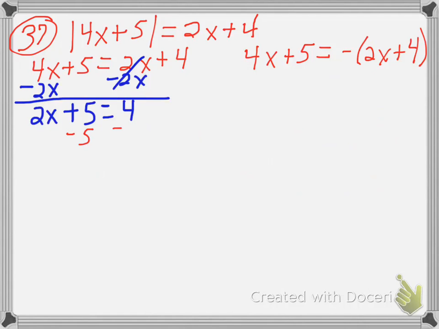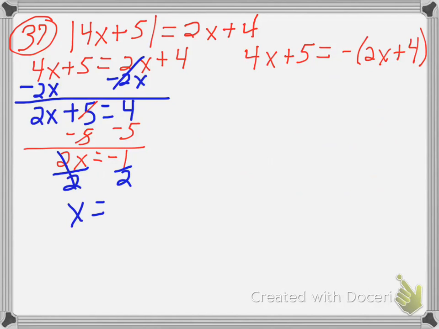I go minus 5 and minus 5. The 5's cancel. Leaves us with 2x equals negative 1. Now I'm going to do my final step on this side, which is divide by the 2. That's 2 times x, so divide by 2, and that gives us x equals negative 1/2. And that is your answer for the first one.